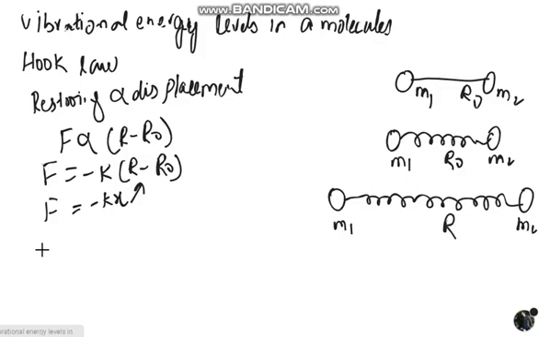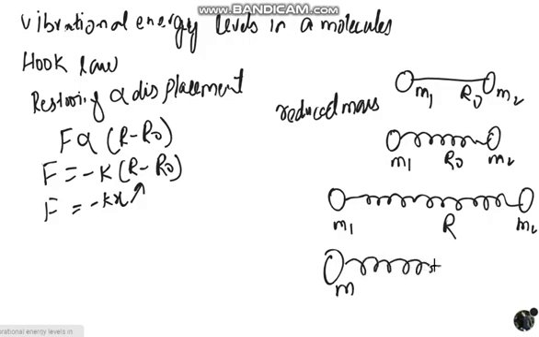Here we will use another concept, the concept of reduced mass. Instead of two atoms of mass m1 and m2, we will consider a single mass connected with the spring.